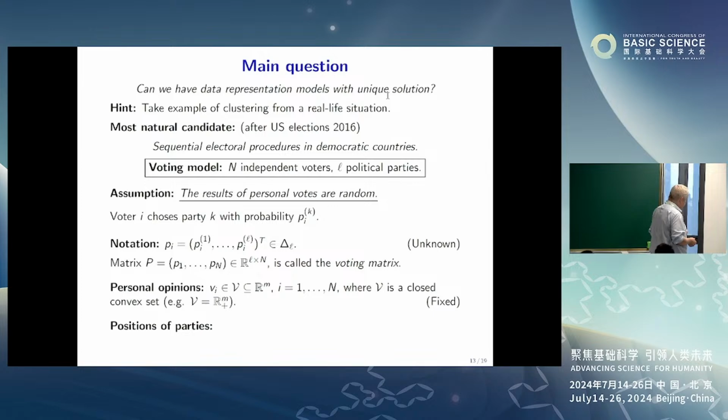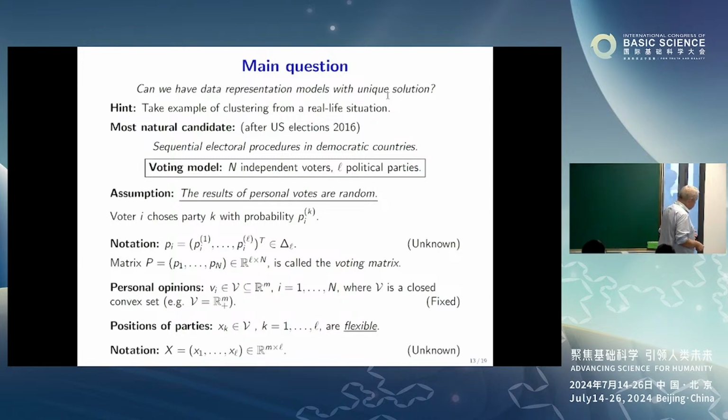What also is important is the position of the party, and they are flexible because the parties can change their position.